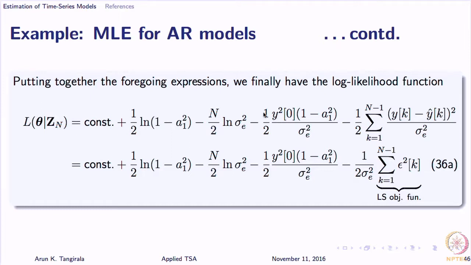The other way of looking at it is, if you were to ignore this additional term, let us ignore the ln sigma square e, and just look at these two terms, something beautiful emerges as well. Remember we said that this is the series that we are considering; although this is what we begin with, eventually we are working with this series.